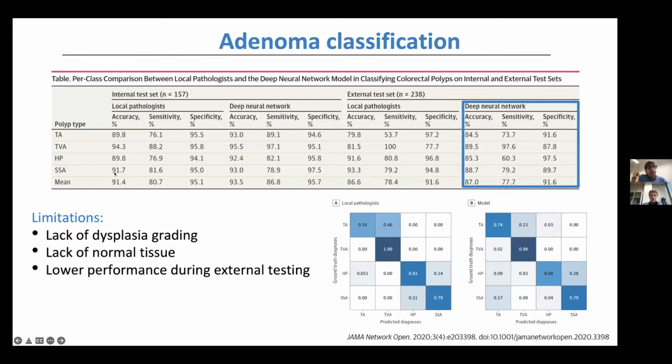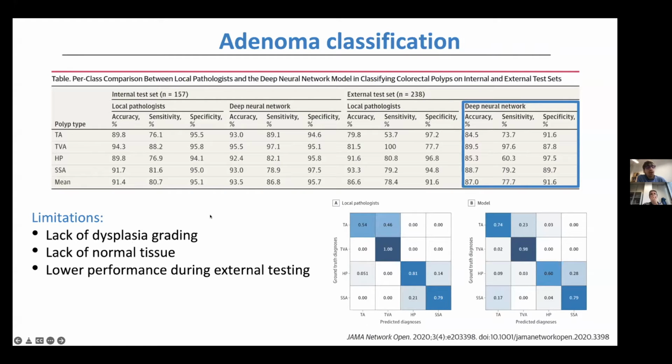And in this recent paper, it was surely an interesting analysis, but there were again some issues. For example, again, the lack of dysplasia grading, because it's not so easy to approach this task. And also the lack of analysis of normal tissue, which is quite important because you get normal tissue sometimes and you have to recognize it.